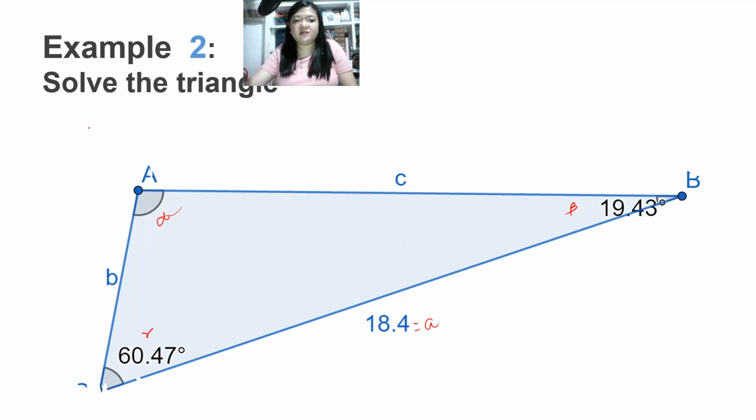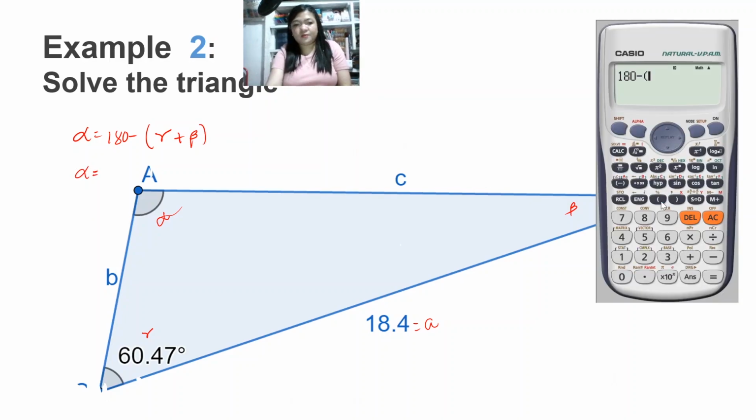So alpha here should be equal to 180 minus the sum of gamma, which is 60.47, and beta, which is 19.43.